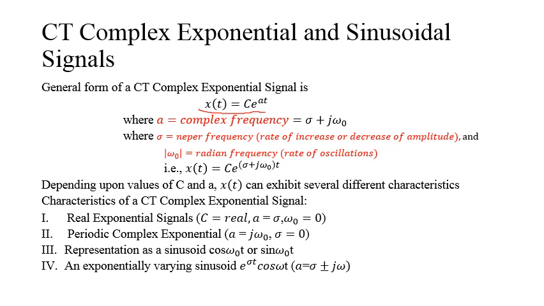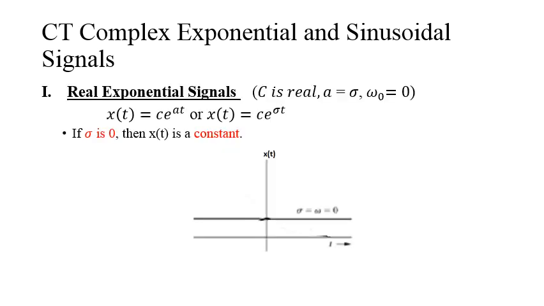So we have studied about the first case where we said C and A are real. So you understand, depending on the values of these, x of t can exhibit different characteristics, right? So let's take the second case. So we said when both C and A are real, we have real exponential signal.